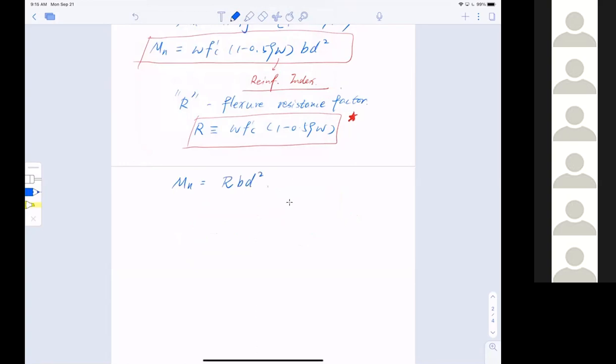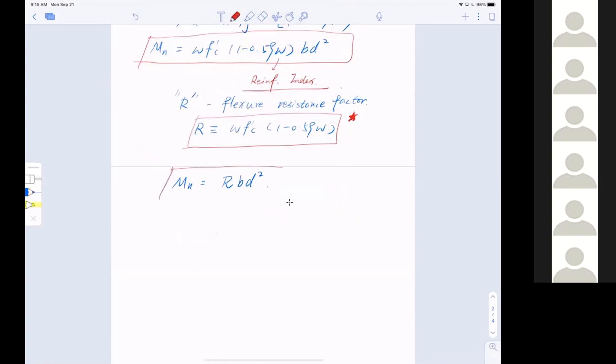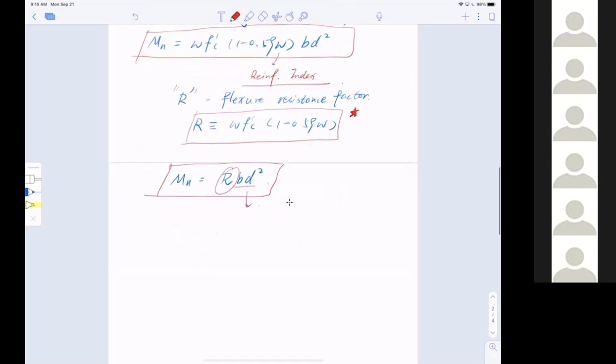How about that? Only 3 parameters. So this is much easier. So why are we doing this? We're doing this because now, as you can see, the moment capacity is a function of the reinforcement index, R, and the section geometry, B D squared.